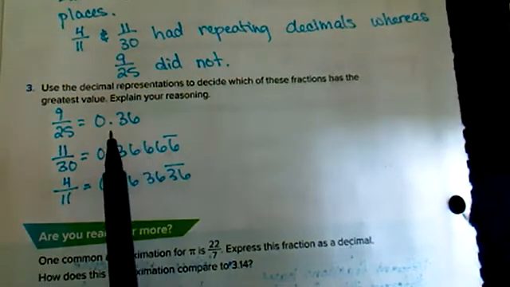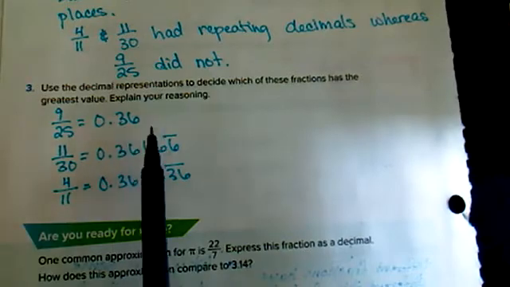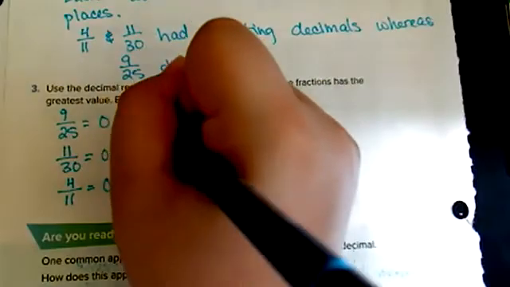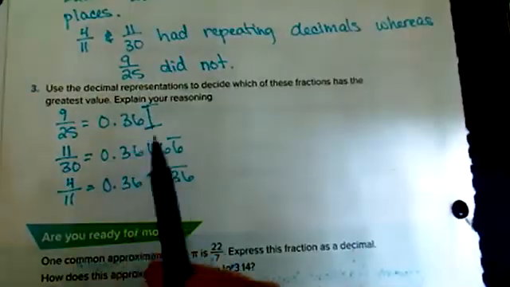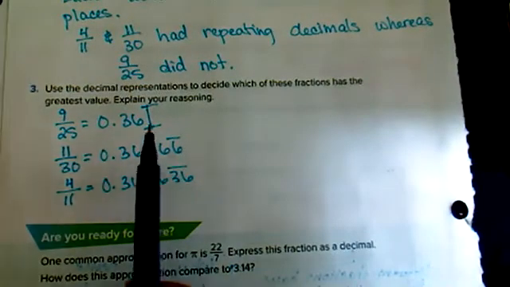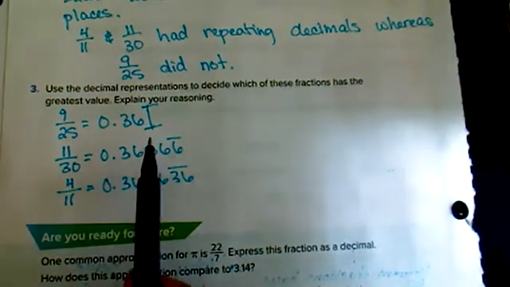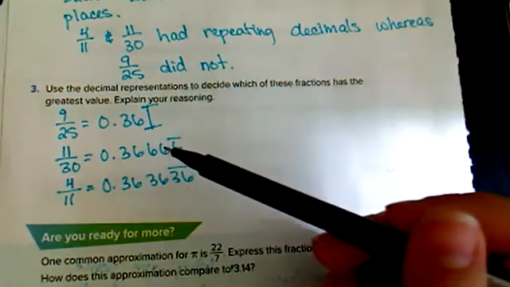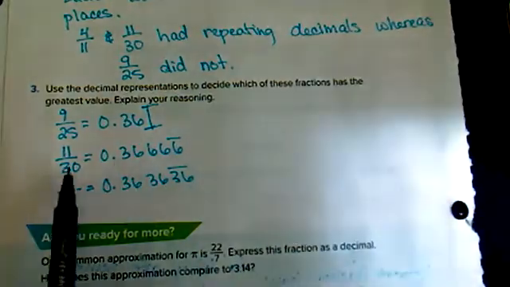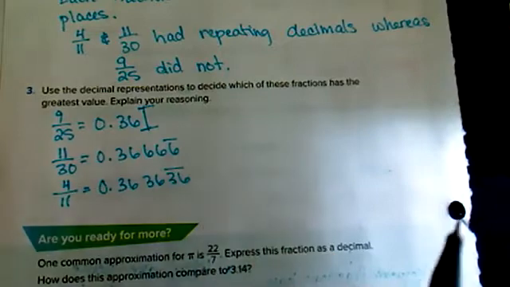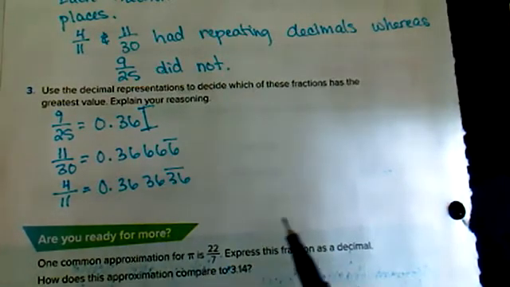So if we look here, this one stops after the hundredths place. So we don't have anything extra once it stops here. There's nothing, no bigger pieces to it. But these ones have bigger pieces. So we're going to have to look at the thousandths place to find the one that has the bigger piece. And in this case, 6 is bigger than 3. So 11/30 would have more pieces to it than the 3, 6 repeating.